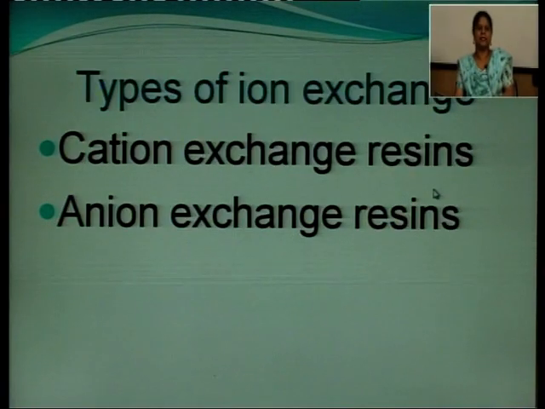Cation exchange resins exchange the cations which are present in hard water, like calcium and magnesium, with H ions, and anion exchange resins exchange the anions like chloride, sulphate, bicarbonate which are present in water with hydroxyl ions.